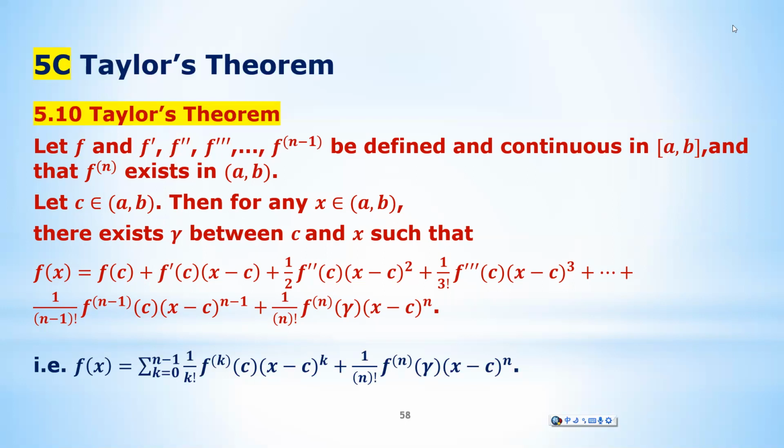On the right side, you have a sigma, with the derivative order from 0 to n-1. This first part consists of all the information available at c. And the final term is the error term involving the nth derivative at gamma. Okay, so that's Taylor's theorem.